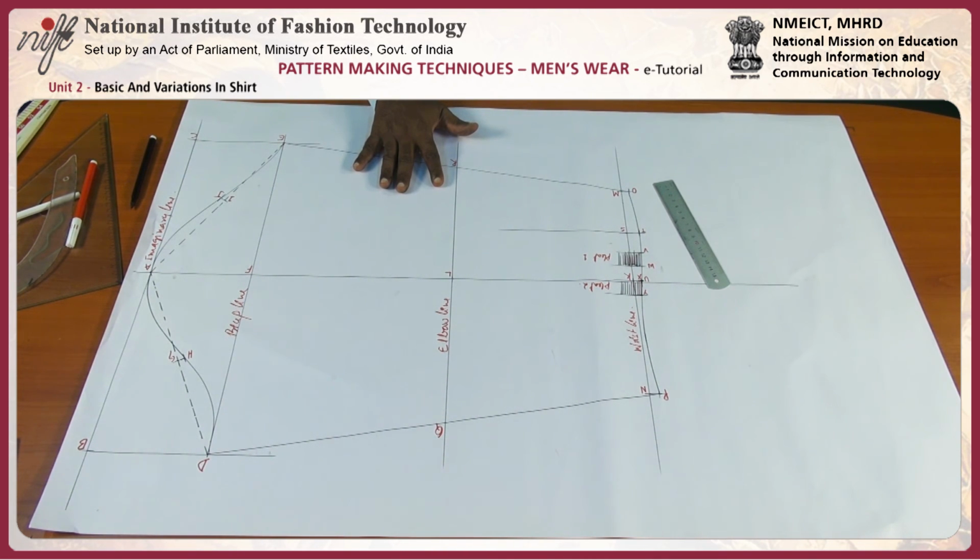In case of any errors, the draft should be rectified at this stage itself by erasing and redrafting with the right measurement. After the final drafting, the seam allowance and fold allowance are to be added as shown in the figure in unit 4.